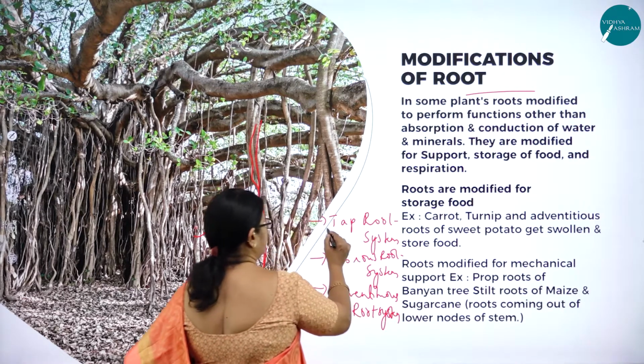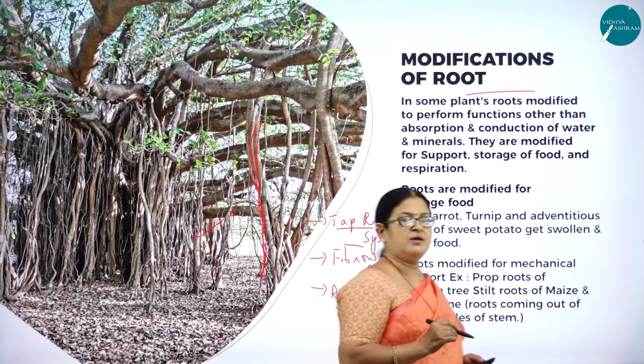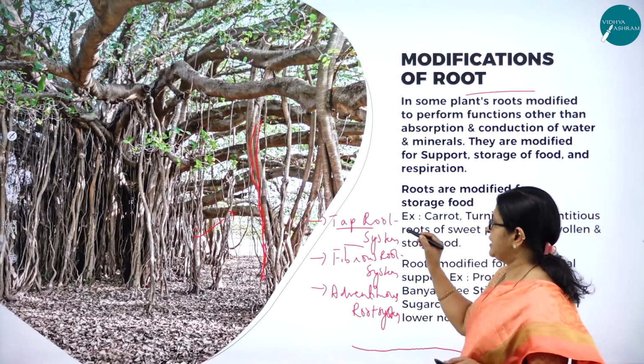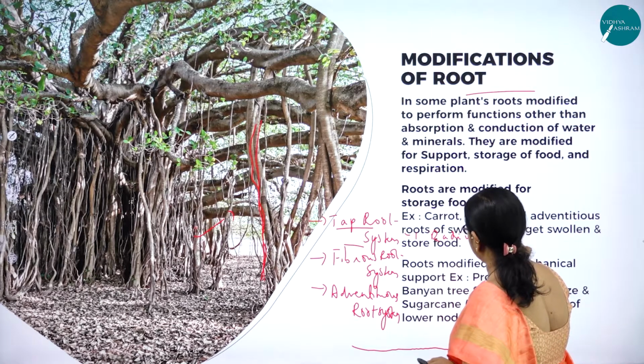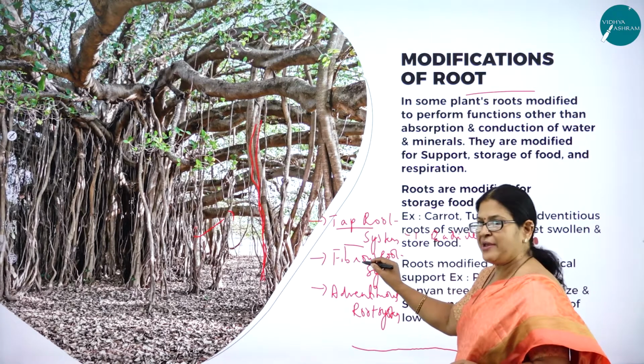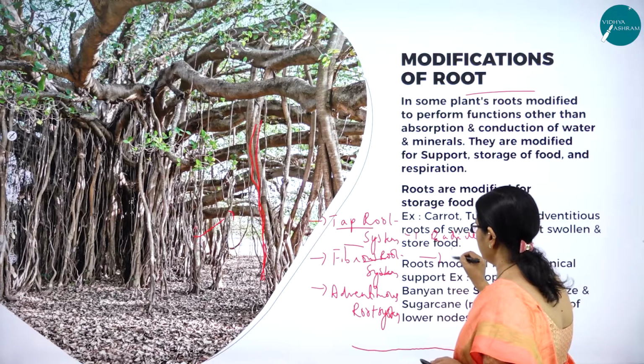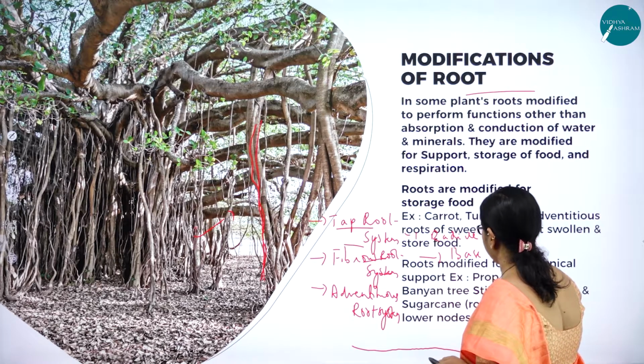Hope you remember, taproot system develops from the radicle of a seed. Fibrous root system develops from the base of the stem.